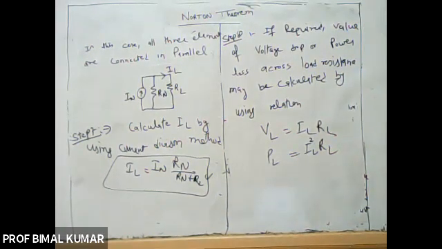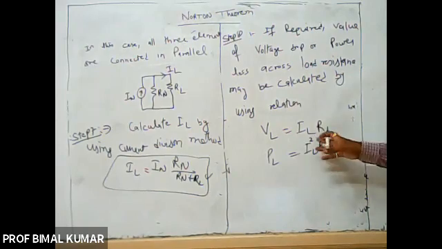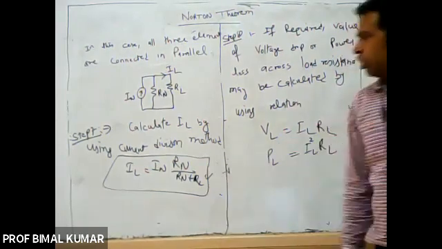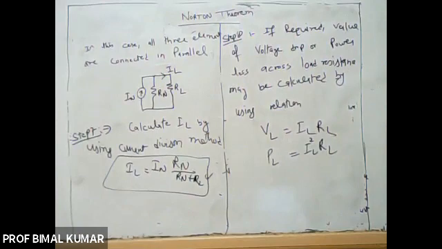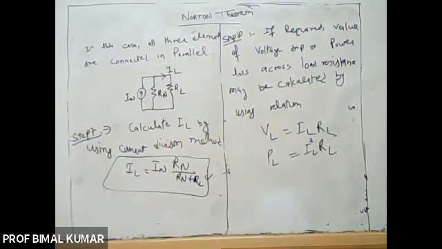Here IL will be the value calculated from step 7, right? So this is all about the Norton theorem.